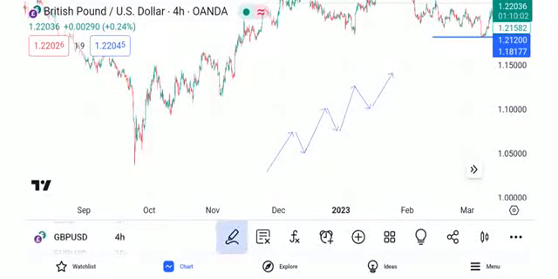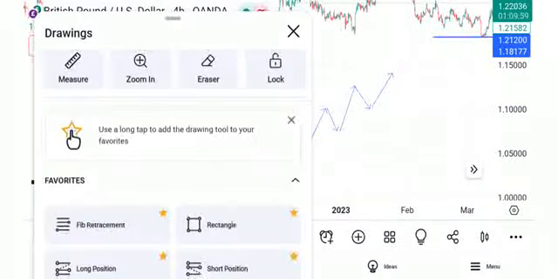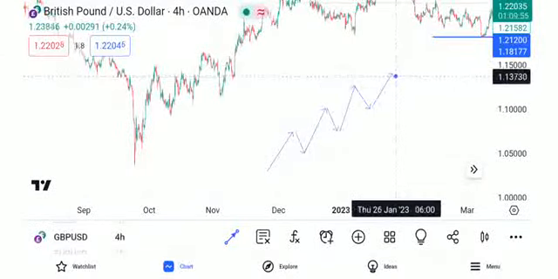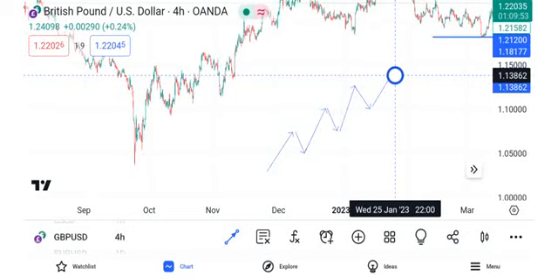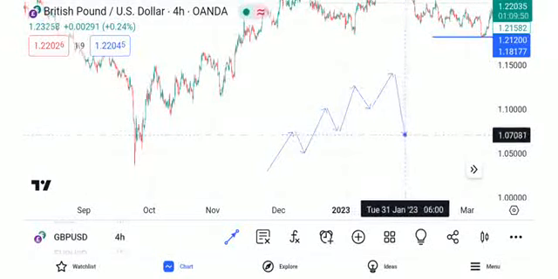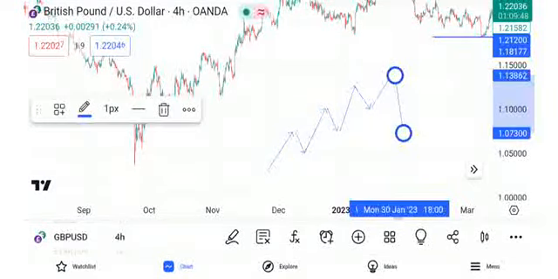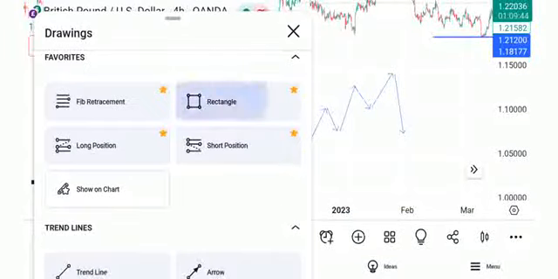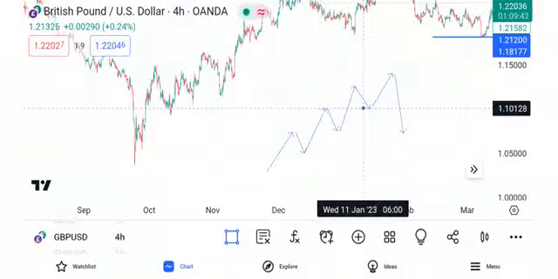Like I said, if a market is trending up, it has to make higher highs and higher lows. Now, for this market to change direction, it will break this higher low here. This is the higher low, guys.